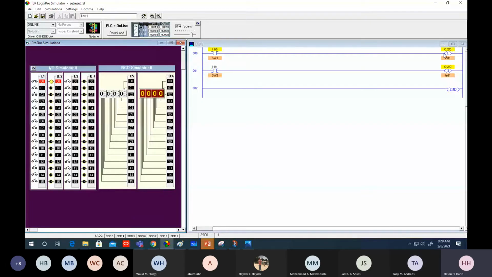That's right. But now when I go and turn switch 2 on, I close my switch 2, what will happen now, Tony? What do you think will happen? It will turn off. Yes, because it's unlatched.